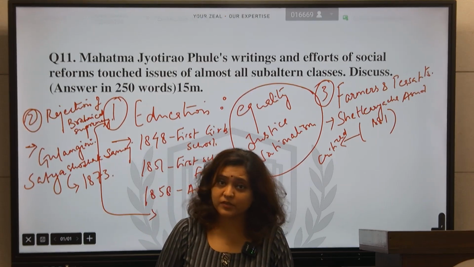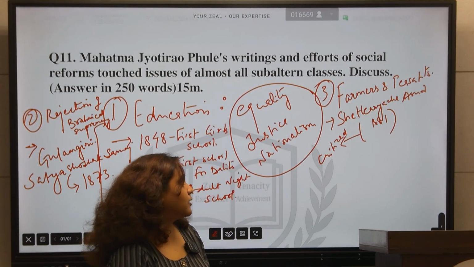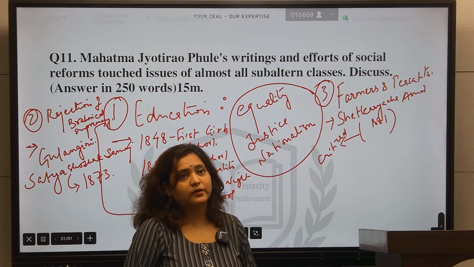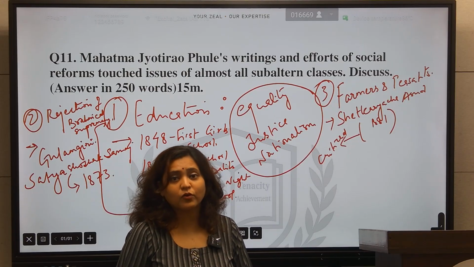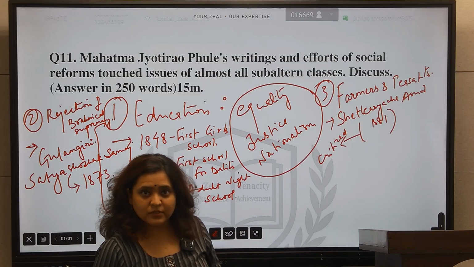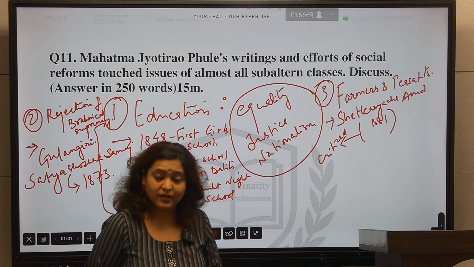He also submitted petitions to assert the rights of the low class people, and he advocated the need for land reforms and sustainable agricultural practices.